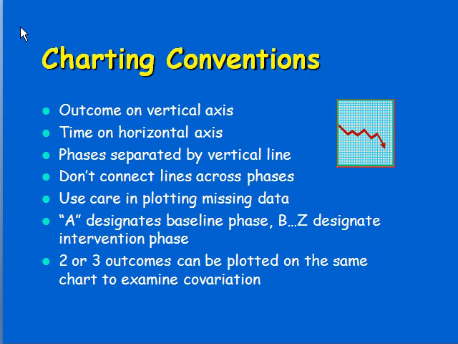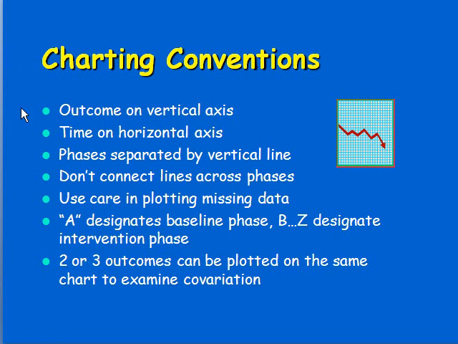And then phases are always separated by dashes. So you have A dash B to indicate your basic AB design. You have A dash B dash BC to indicate a baseline, the intervention of B, and then the intervention of B and C combined.